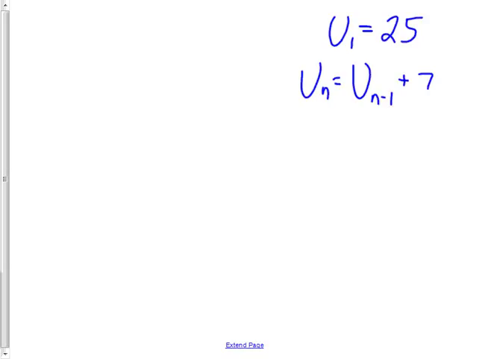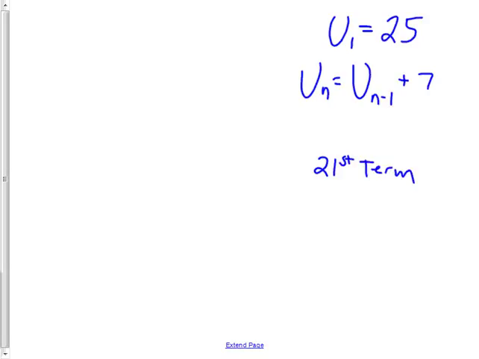I want to start with 25 this time. u sub n equals u sub n minus 1, which means any term is given by the term right in front of it, plus 7. And I want to know what is the 21st term.